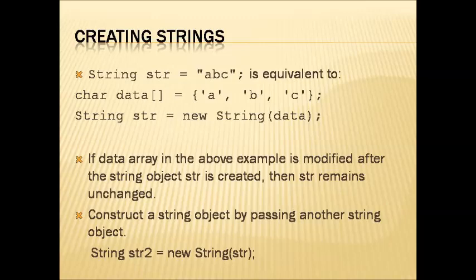And that is what you are seeing on the screen: String str is equal to new String of str. And we can also create a string from a character array. So a string can be created from a character array also. The example for the same you can see on the screen.